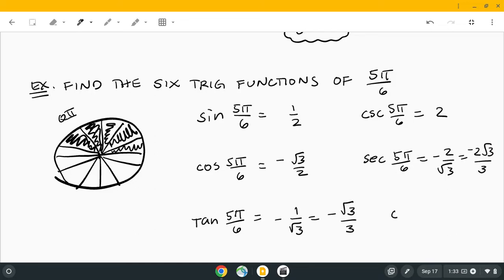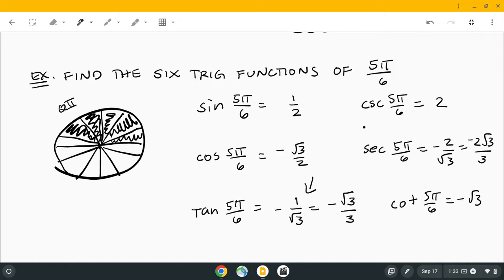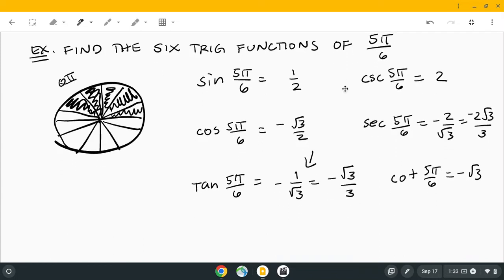And then cotangent of 5 pi over 6 will be the reciprocal, but I'm going to use this fraction instead, so I'll do negative square root 3. Okay. All right. So, but we focused a lot on this in the last section.